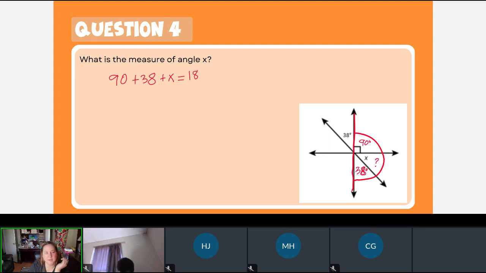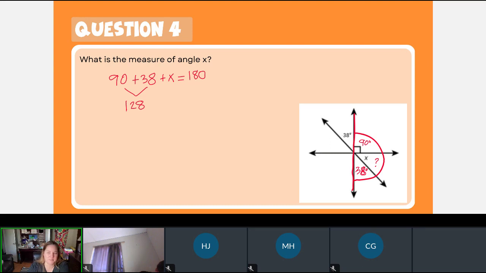Because they're all on a straight line, so that means they have to equal 180. So somebody tell me, what is 90 plus 38? 90 plus 38 is what? Who's got a calculator out? Good, Hezekiah. 128.